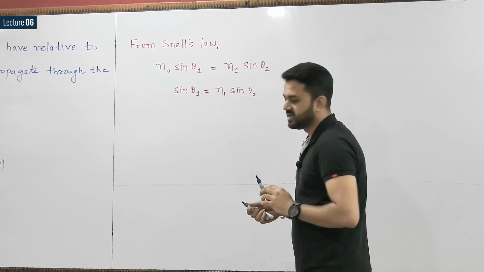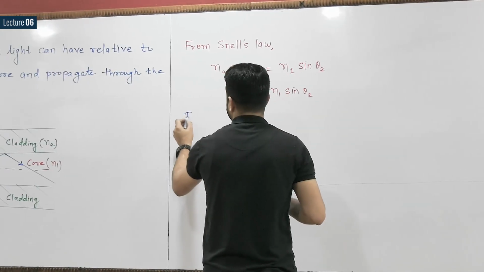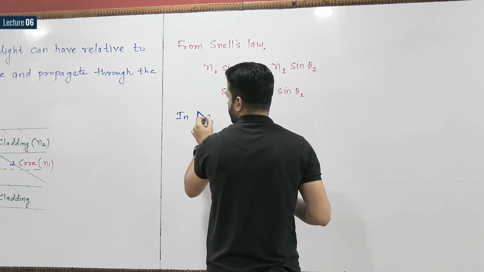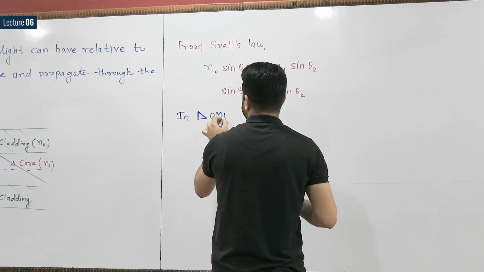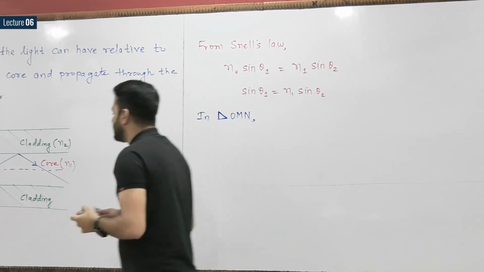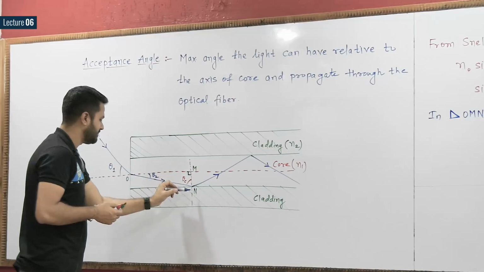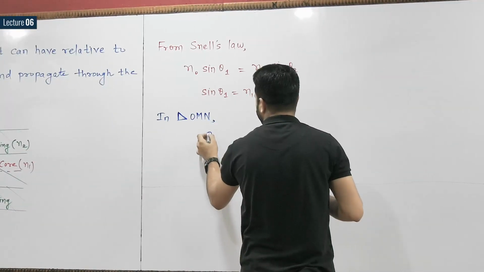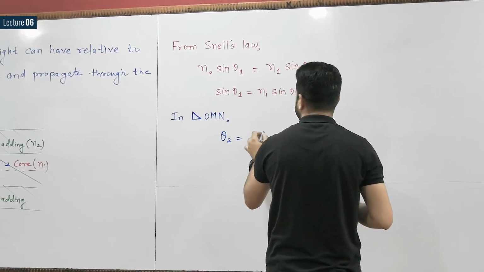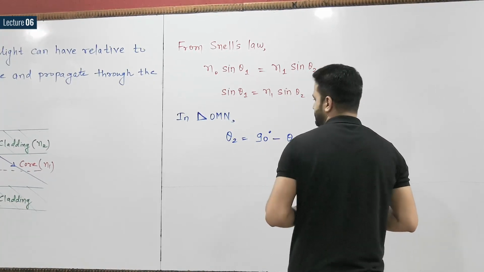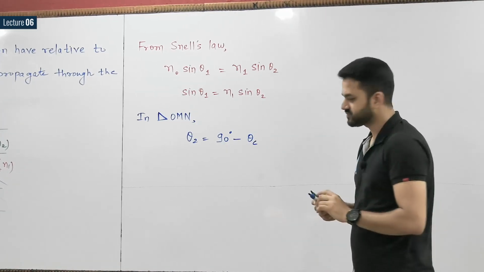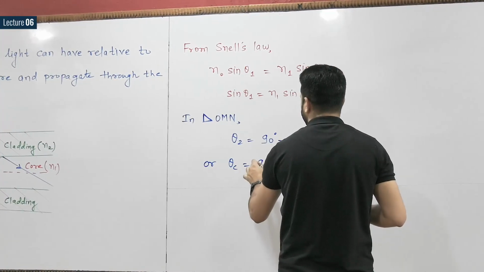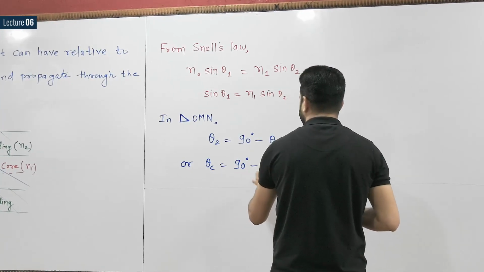Now in the right angle triangle OMN, okay, in this right angle triangle OMN, if you write it, this value of theta 2 is nothing but 90 minus theta c, or you can also write theta c is equal to 90 minus theta 2.